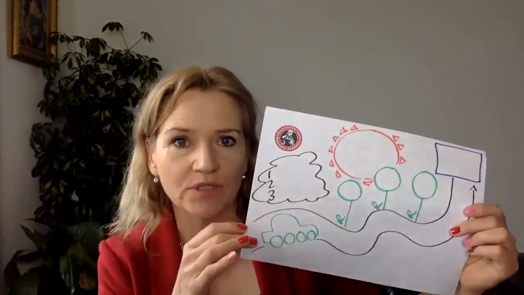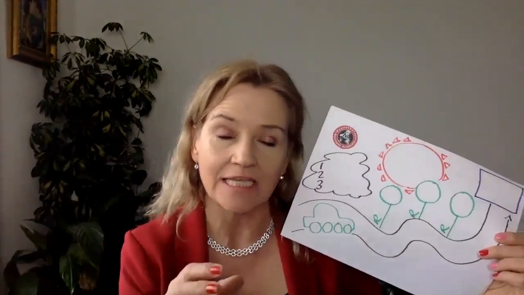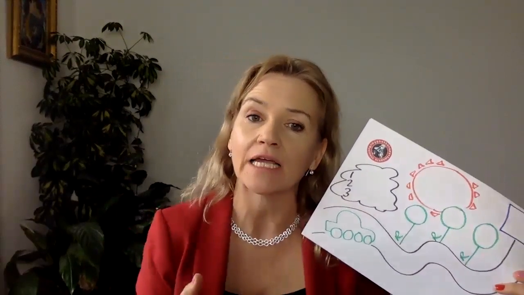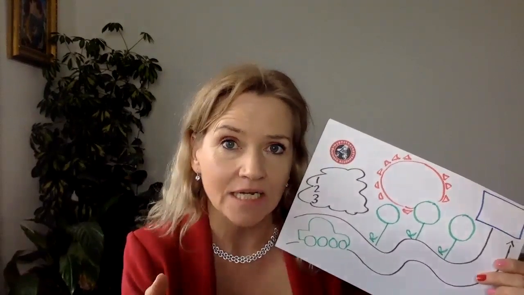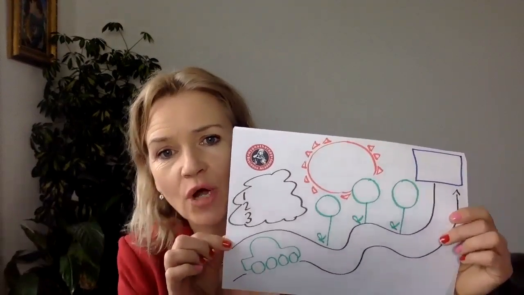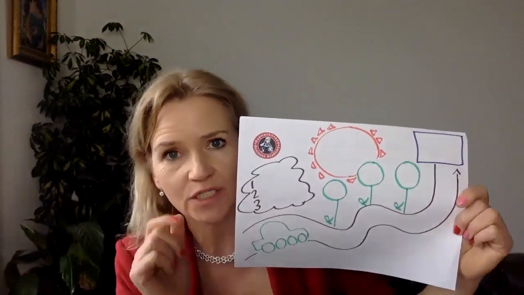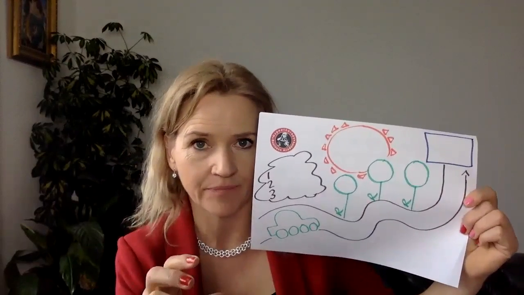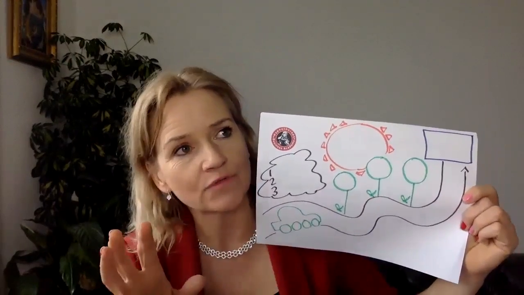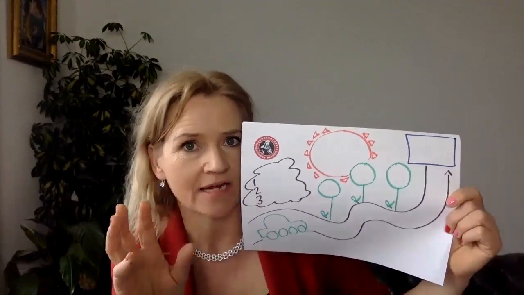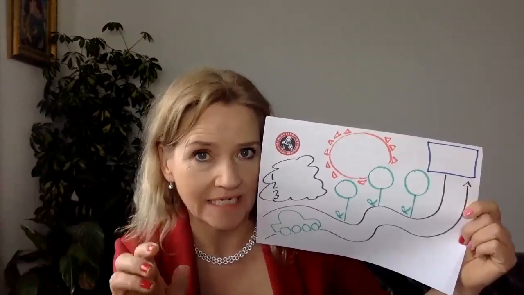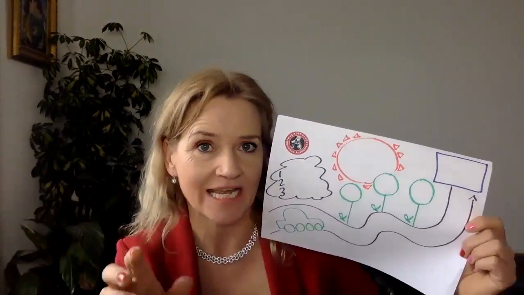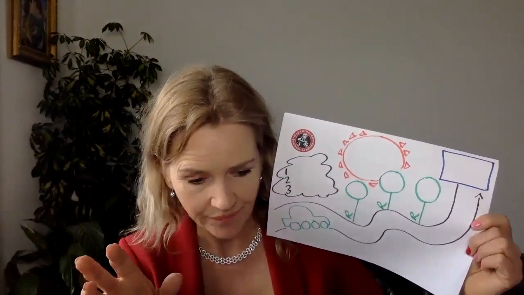And what I would suggest that you do is, if you're working online the way you and I are working right now, then the best thing to do is to say to your client to grab a pen and a piece of paper and to simply draw out a road, something similar to what you can see here on the screen. And then at the end of the road, to draw a square to represent a billboard, and to write in that what it is that they want to achieve by actually having therapy with you.